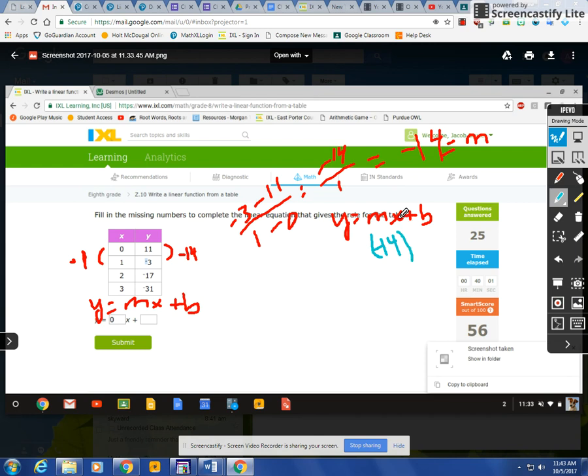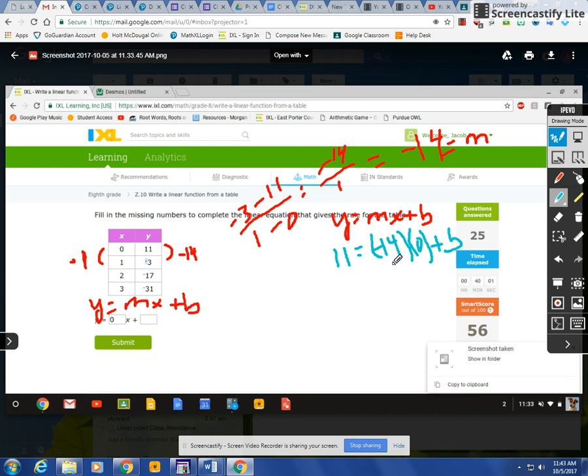And our value for x we can pick from our chart. Let's pick the first point, 0. Our x value is 0, and our y value is 11 for that same point, and then plus b.